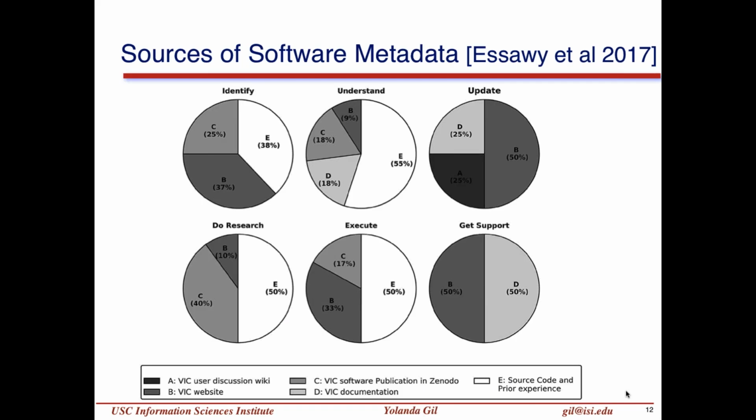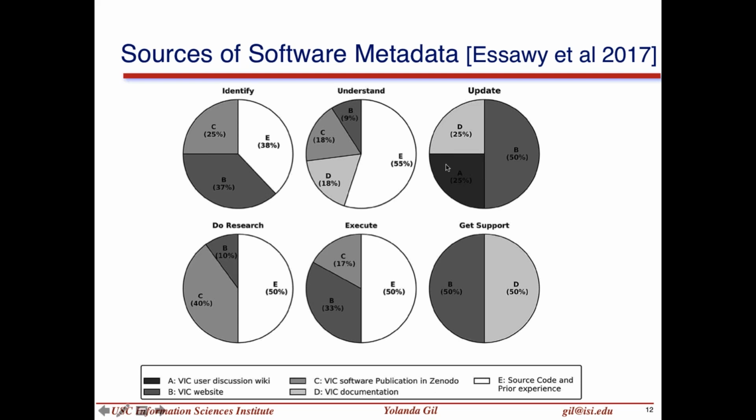And they found very interestingly that along the 6 dimensions in the OntoSoft ontology for software metadata that you see here, the information appeared in different places. So sometimes discussions among users, sometimes the website, sometimes publications, and sometimes in the source code itself.